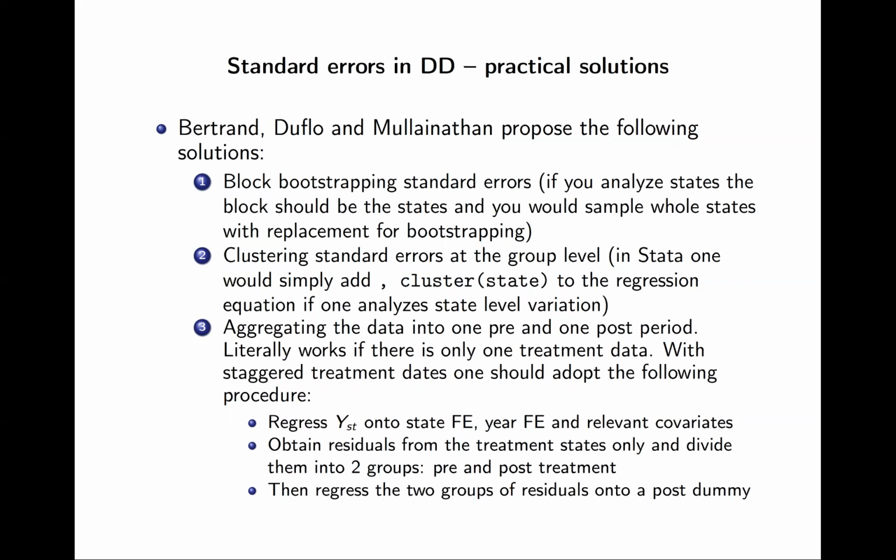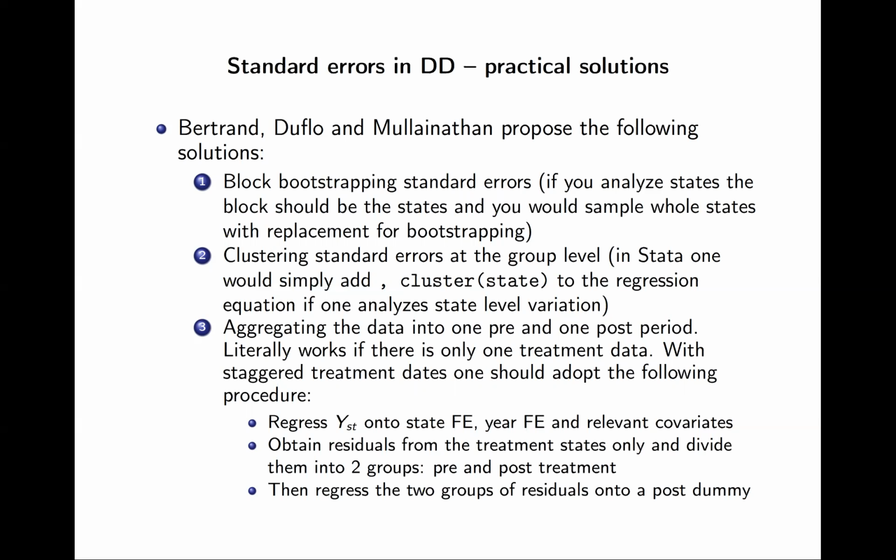Basically, you aggregate the data into one pre and post period. This literally only works with one treatment date. But if you have staggered treatment dates, then you have to run a regression and get residuals, and then do differencing off the residuals.